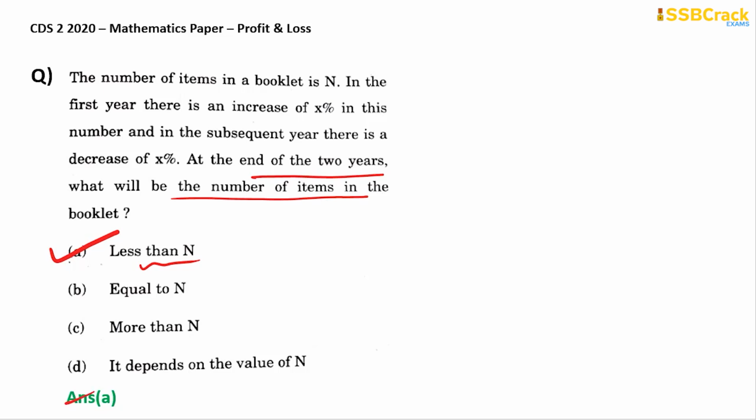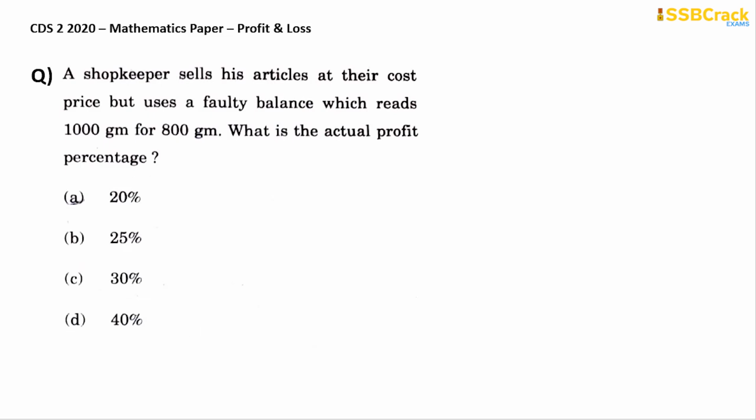Alright, coming to the next question on profit and loss. A shopkeeper sells his articles at their cost price, alright, but uses a faulty balance which reads 1000 grams for 800 grams. So instead of using the actual 1000 grams, he is using 800 grams.